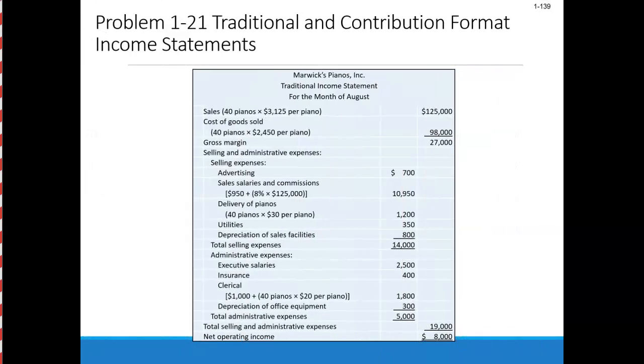Okay? So you see here the traditional statement for August shows you the sale of the pianos, the cost of goods involved, and then all of our selling and admin expenses. Net operating income of $8,000.